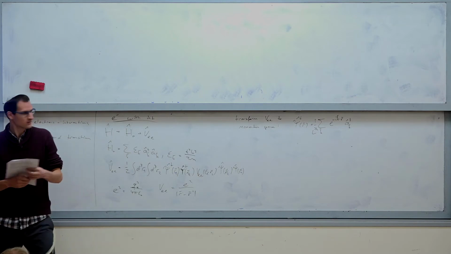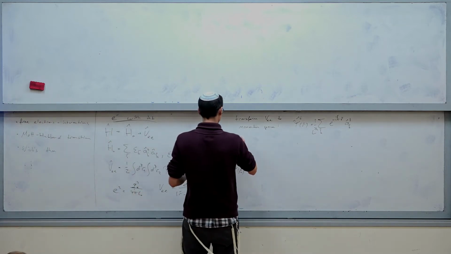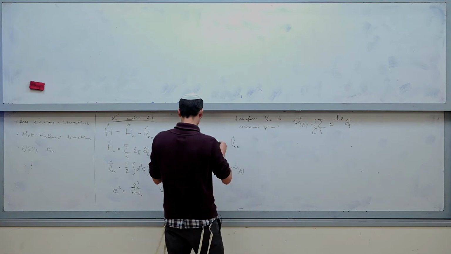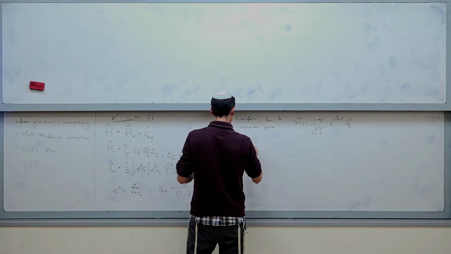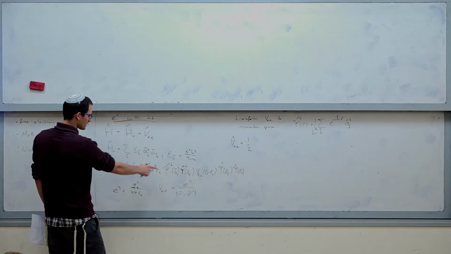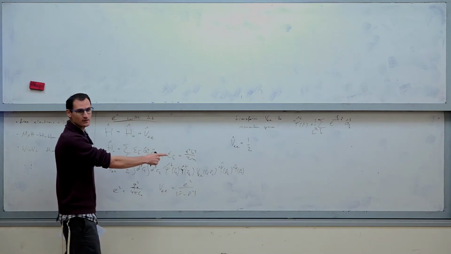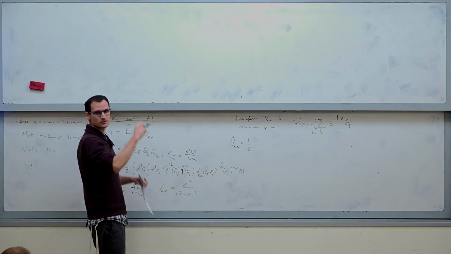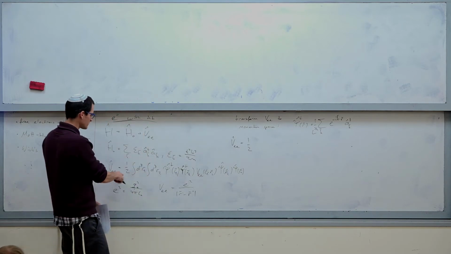Get ready for a long expression. So VEE. And by the way, this 1/2 that you always write in the beginning is to avoid double counting, right? Because both R1 and R2 are summed over the entire space, so you're counting everything twice, so you have to divide by 2 in the end.